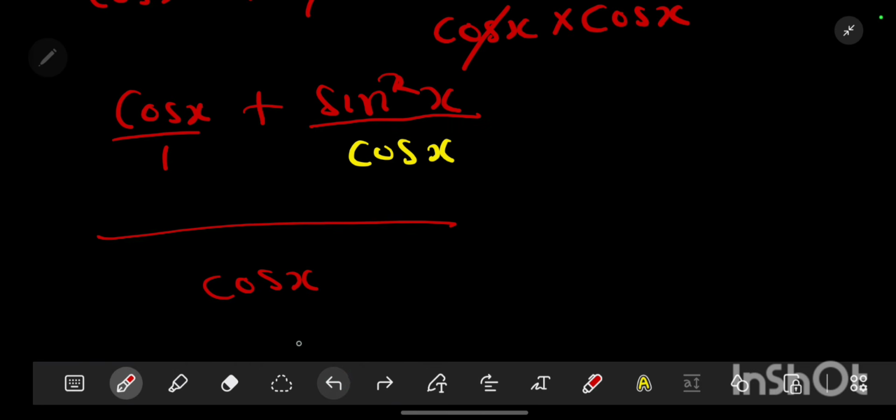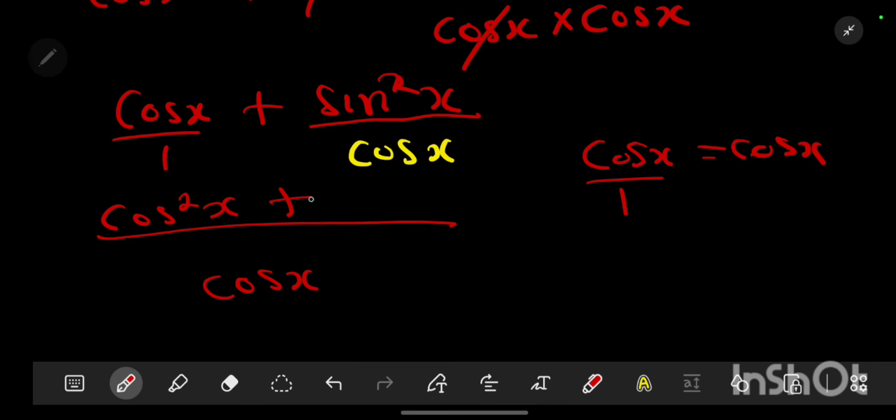We divide first. Cos x divided by 1 is equal to the cos of x. Then this cos of x times the cos of x, it's more like you're multiplying two of them, so it will be cos squared x, like that, plus cos divided by cos is 1 times the sine squared x is sine squared x, like that.